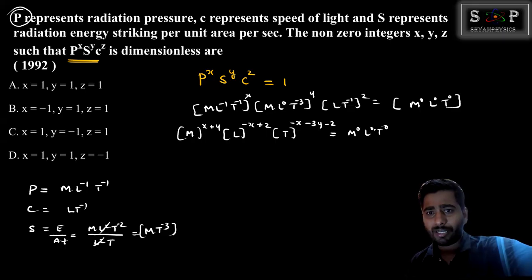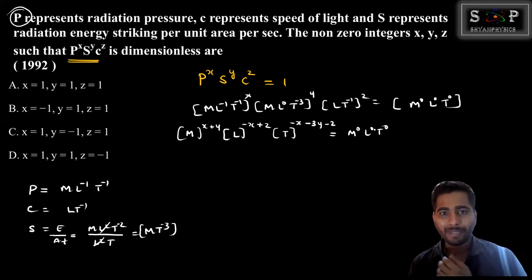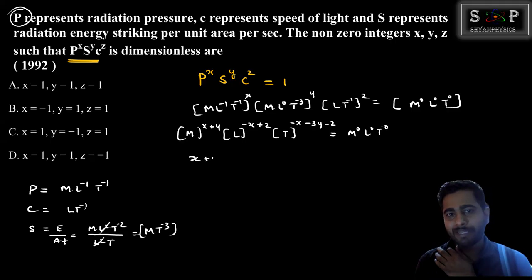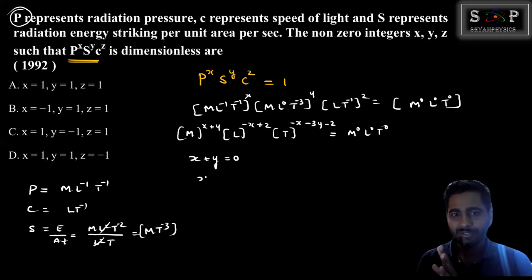Right. Next to that, we need to compare both the sides. So x plus y, mass is 0, so the answer is 0. So x is equal to minus y, meaning whatever the y value comes, it is equal to minus of x.